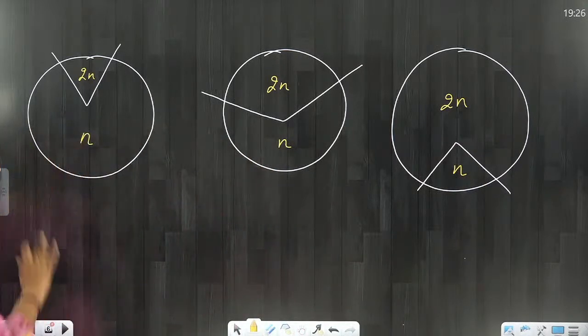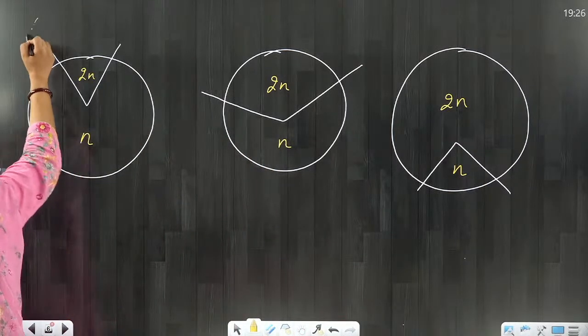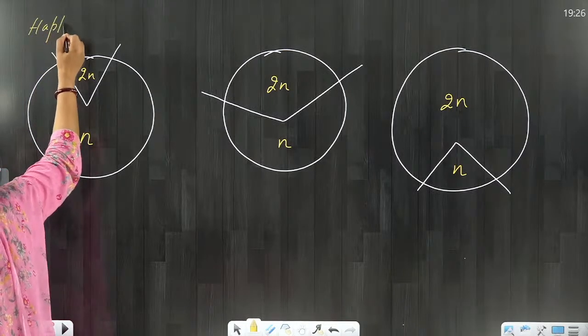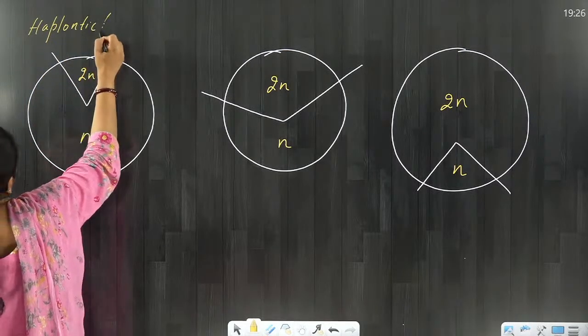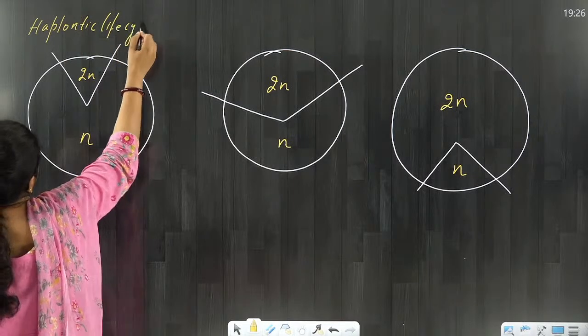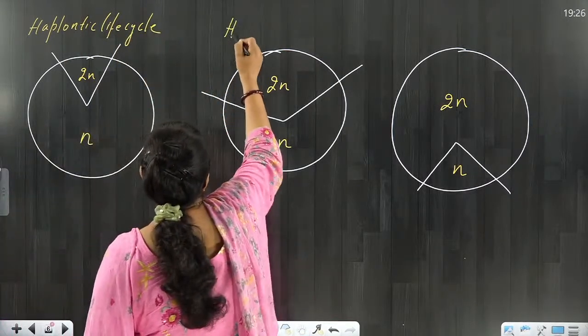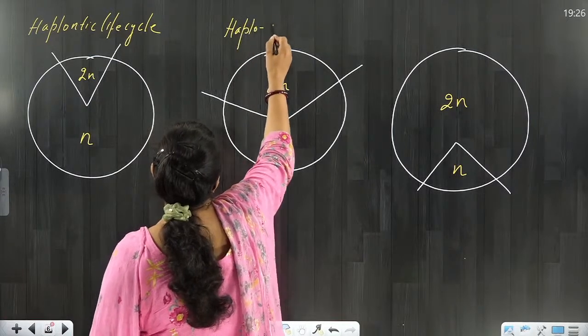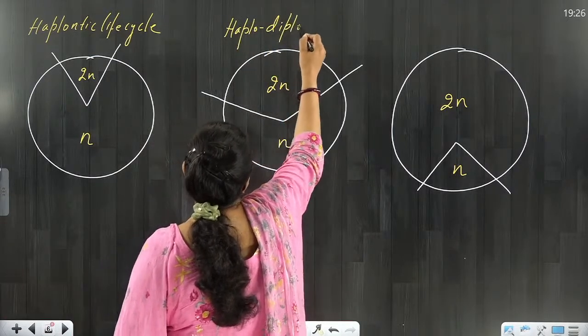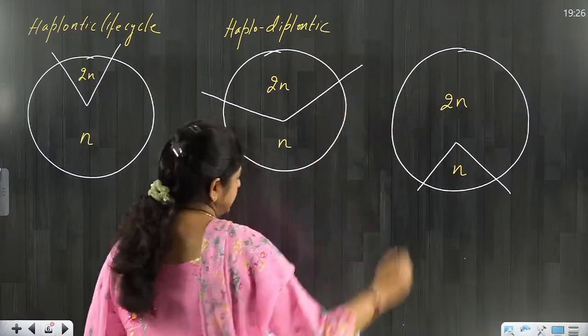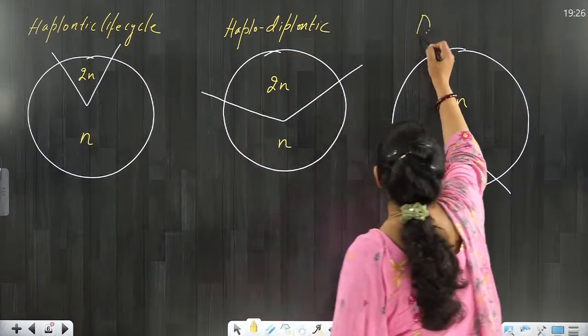The first life cycle we are going to take is the haplontic life cycle, right? Second, I am taking haplodiplontic life cycle, and last I am taking what thing?